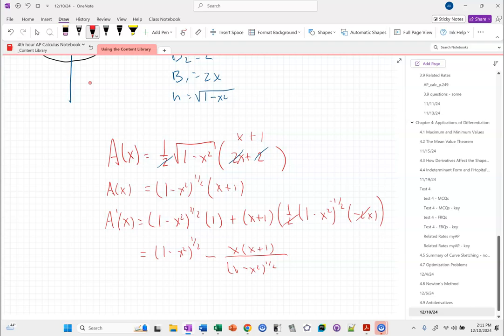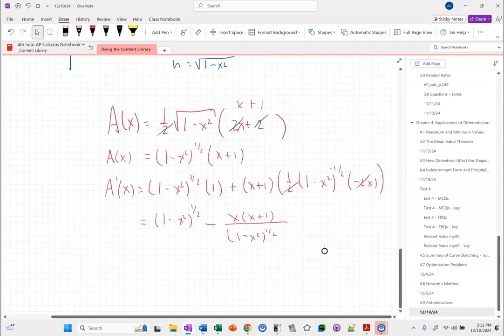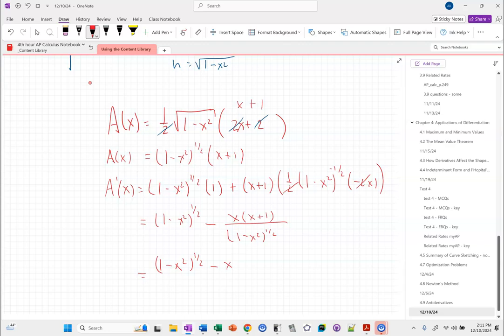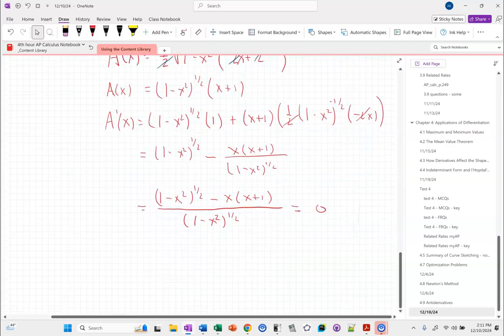So I can do that. If I make a common denominator, I'm going to have that. And we'll set that equal to 0. I know a fraction is equal to 0 only when its numerator is equal to 0.